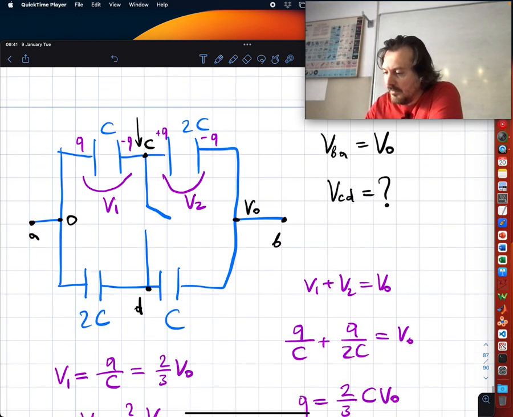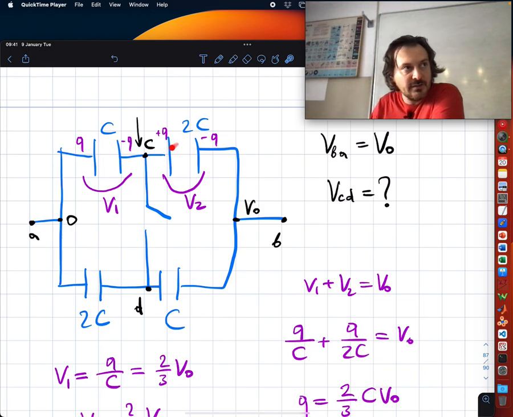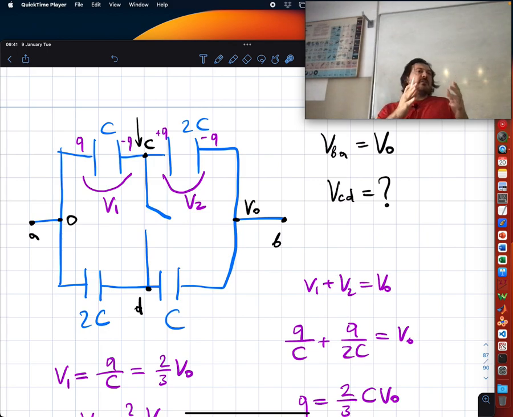Over here, there was a V0 potential, but twice as much of it ended up on this capacitor while the rest ended up here, right? So capacitors and resistances are behaving oppositely. When you have resistances, the potential is distributed proportional to resistances, right?